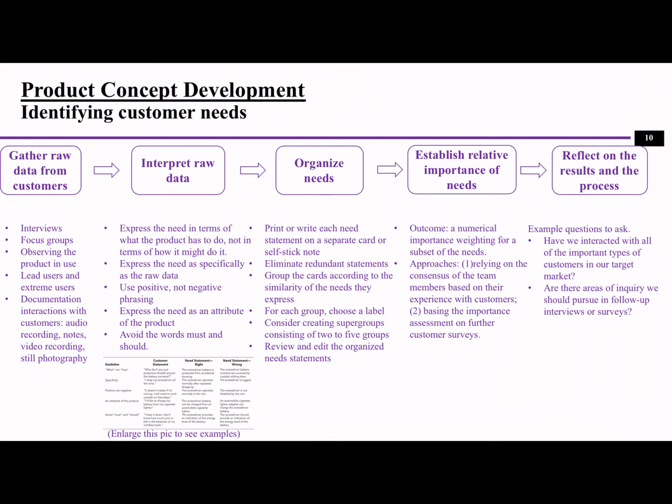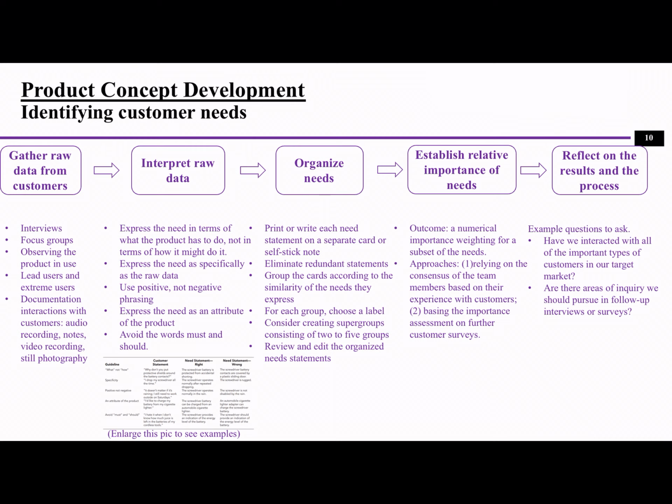For example, express a need in terms of what the product has to do, not in terms of what it might do, right? Express a need as specifically as the raw data, right? Or use positive, non-negative phrasing, or express a need as an attribute of the product.